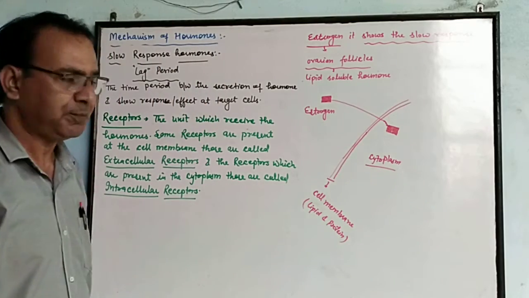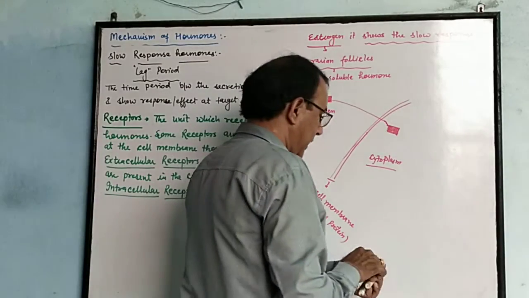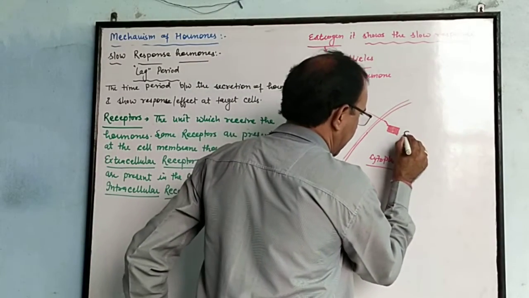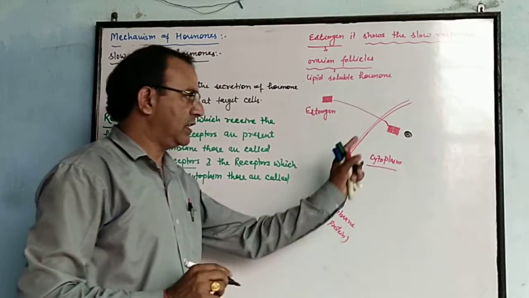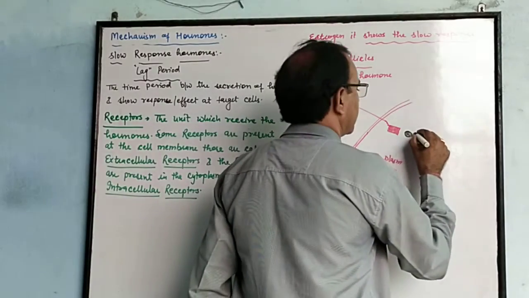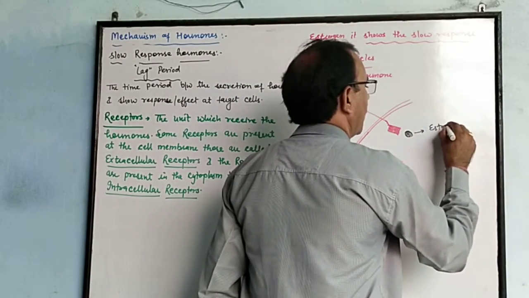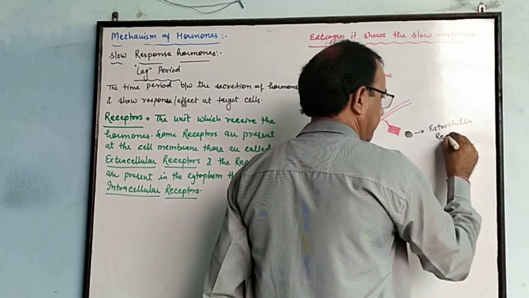We can see that the receptor is present inside the cytoplasm. The receptor is an intracellular receptor. This is the receptor, and the receptor which receives the estrogen is called the estrophilin receptor.